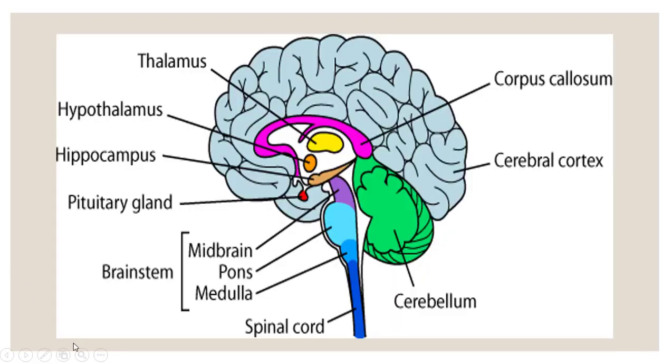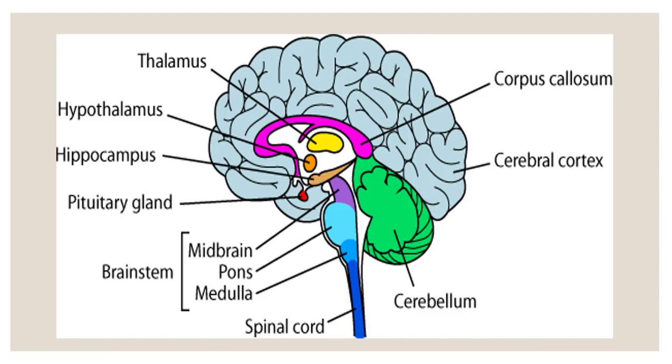Now we complete our presentation to show the thalamus and hypothalamus, which are part of the forebrain and didn't appear in the last video. Here, this point is called the thalamus, and the hypothalamus.